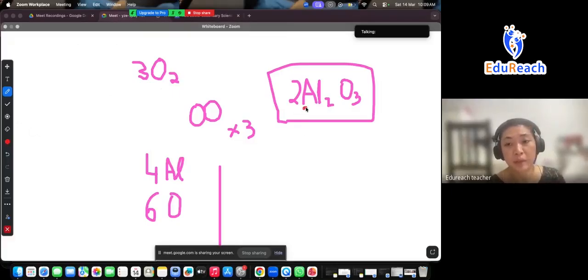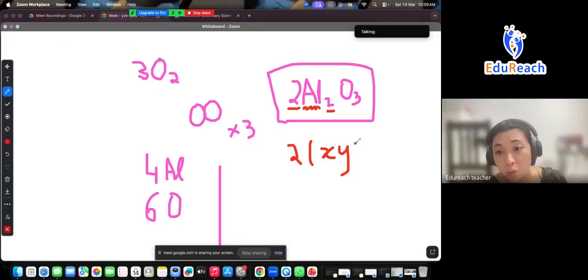How many aluminium atoms? Rizky, are you there? 2. Why 2? There's a number 2 here. Whenever you see something like this, you must remember, for example in maths, when you expand the bracket, the 2 has to apply to the x and to the y.